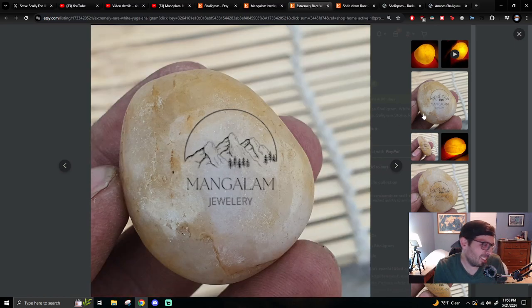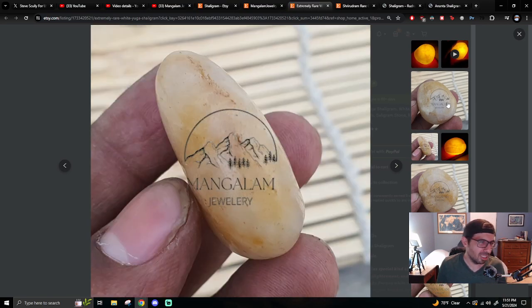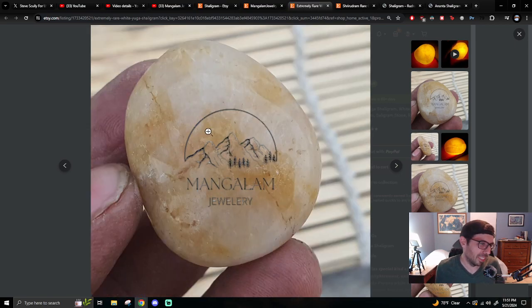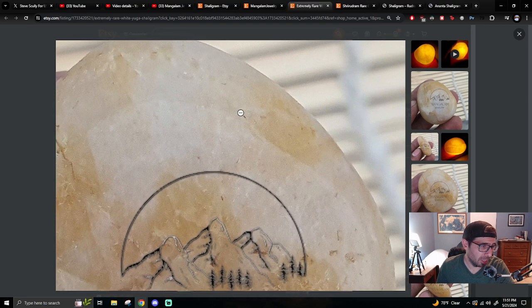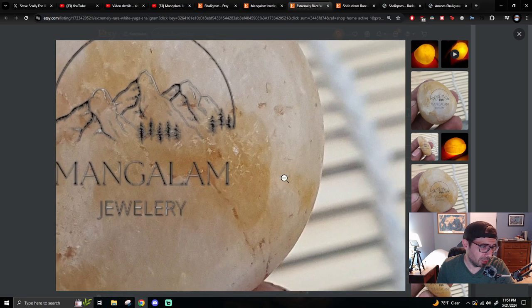In some ways, it's just a rock. Just looking at it here, it's just a rock. But then at this angle, it's like, wait a minute. I see ammonite features right here, right this way, over this way, around and around.